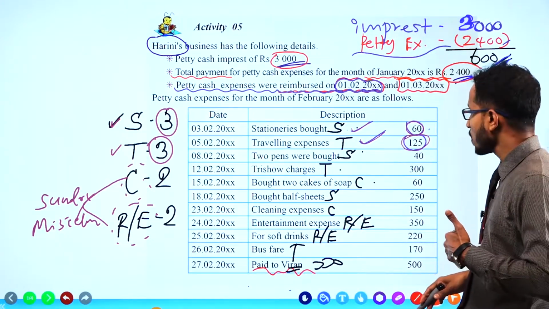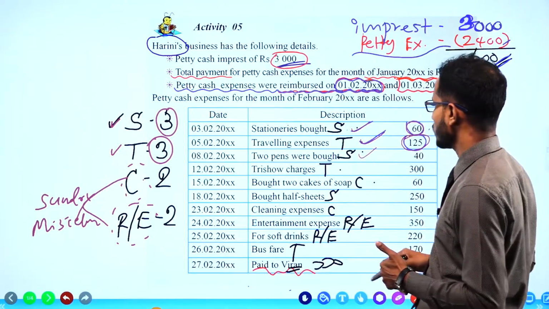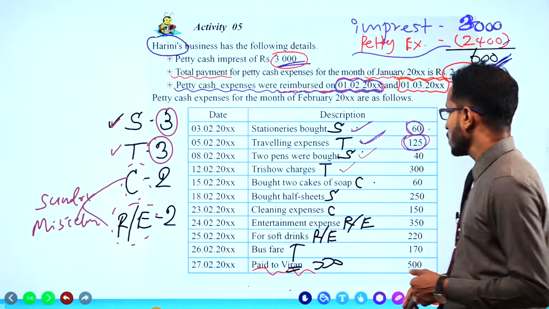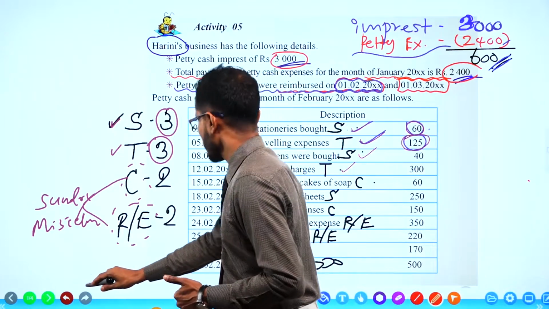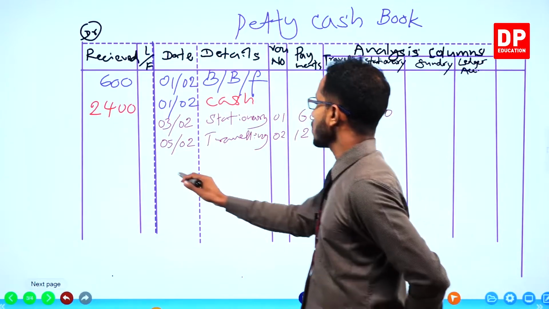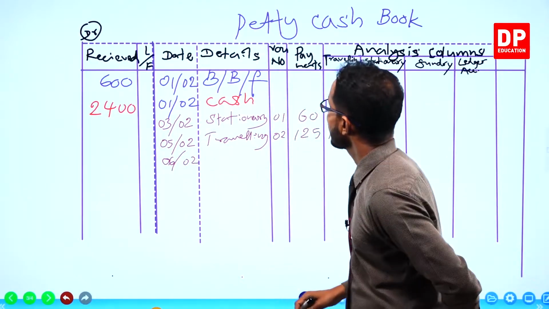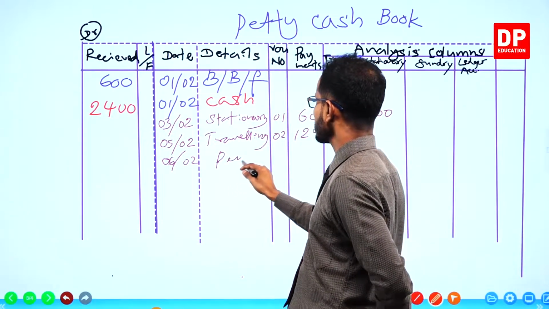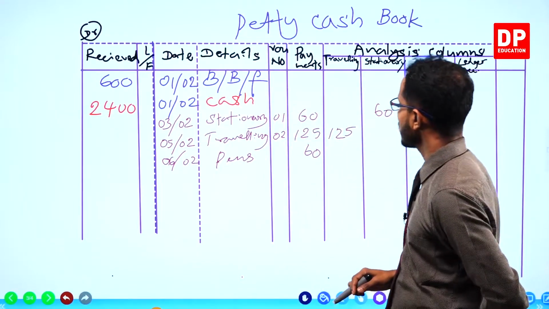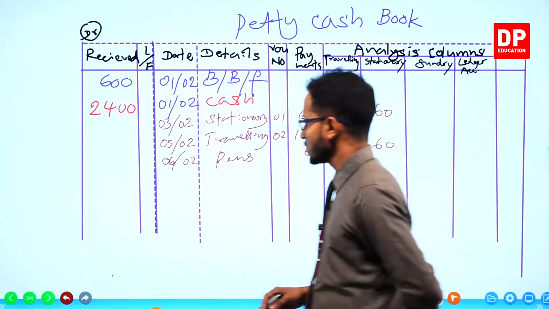Okay. Next we have 2 pens. So we'll record that under stationery. And trishaw charges under traveling. That was on 6th of February. Details, pens, okay. Payments column, you record the amount, and under the relevant analysis column.